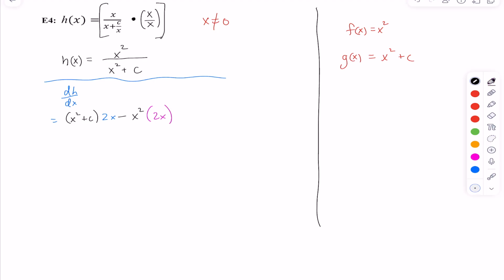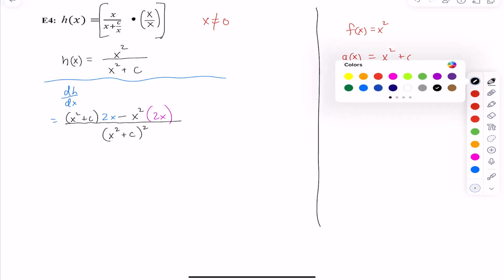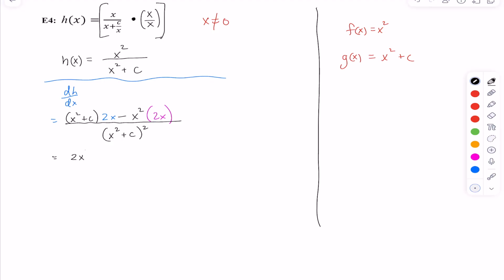And remember, when you put this over the denominator squared, you never expand that denominator. I'm ready to conclude this with prime notation or function notation. And there it is. There's the derivative of that quotient function.